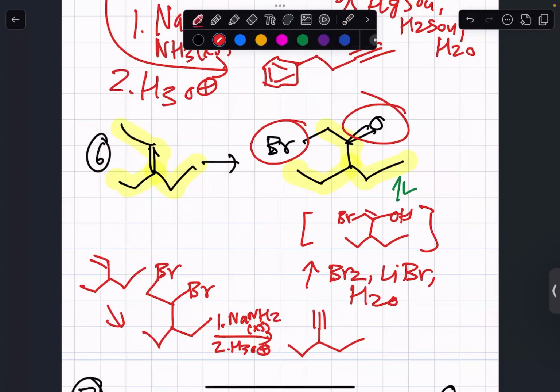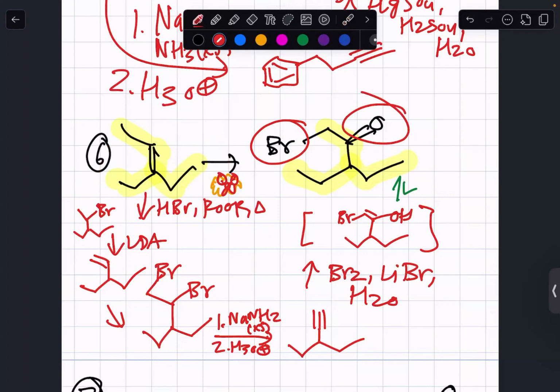Yes. What sound does a lion make? HBr, roar, roar. Right, this roar guy with the anti-Markovnikov, which will put bromine at the less substituted position, anti-Markovnikov position. And then we want to make that less stable alkene with LDA, bulky base, or tert-butoxide. Yeah, nice.